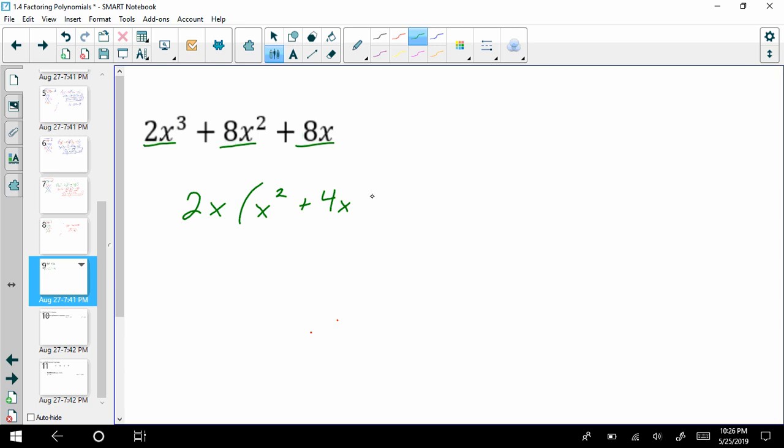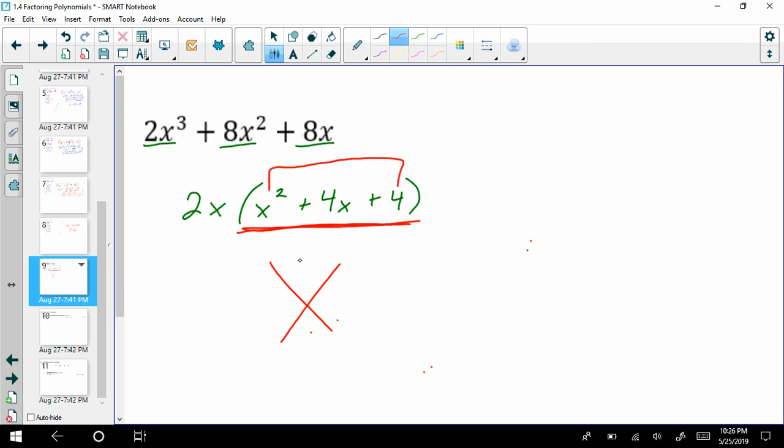And the last guy I would have 4. Now, with this portion, let's mark it. So I want to multiply 1 times 4 to 4, and I want to add to 4. So what numbers multiply to 4 but add to 4? It's a 2.